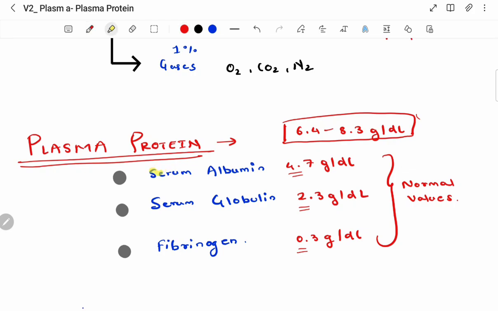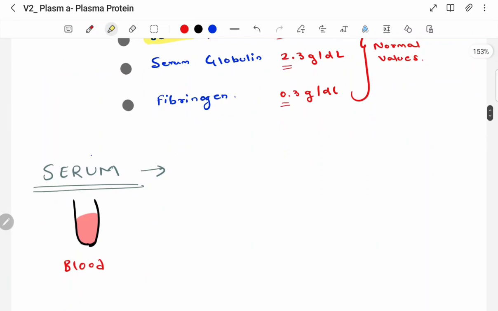So what is serum here? Serum is a clear straw color fluid that oozes from a blood clot. What does this mean? Serum is just the same as plasma, but it does not have fibrinogen. Let's see. If we collect blood in a test tube, after some time it clots.